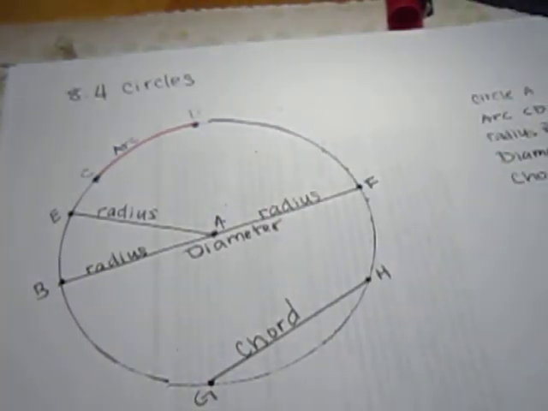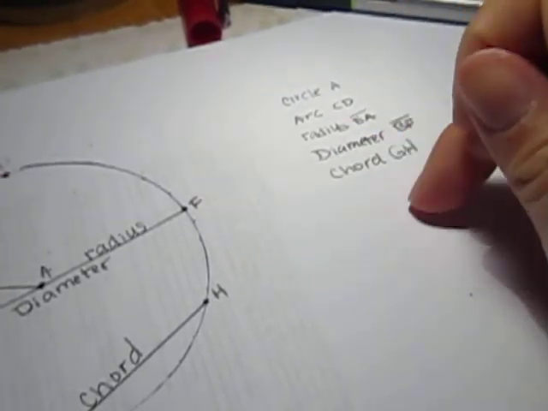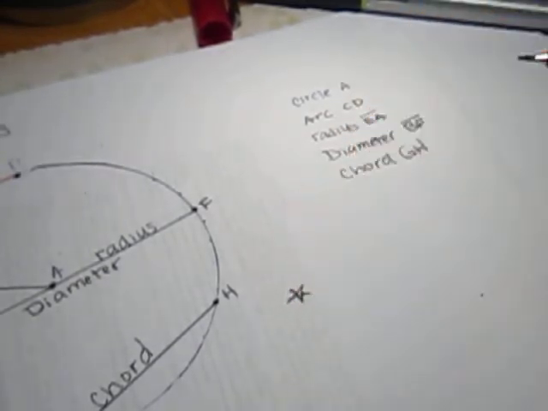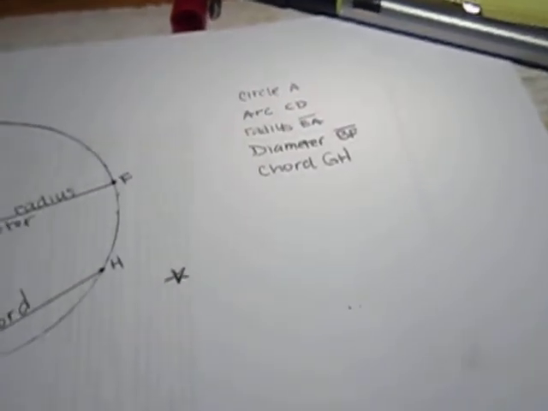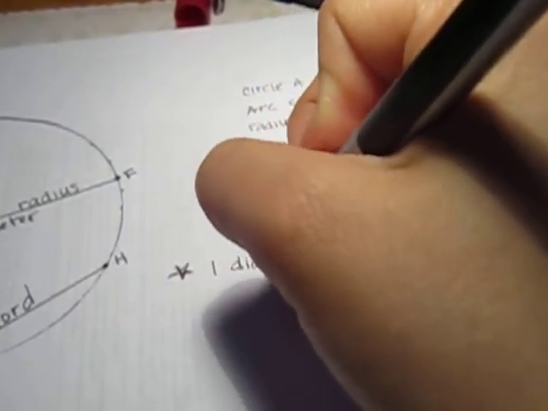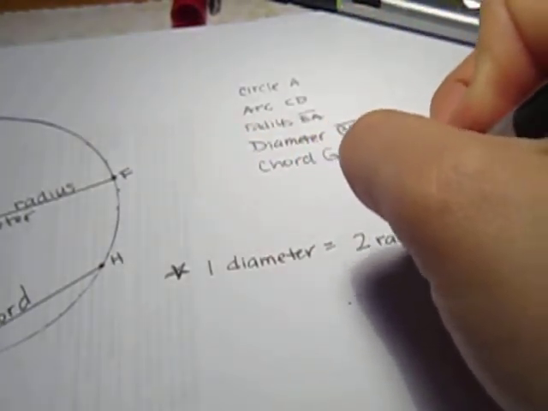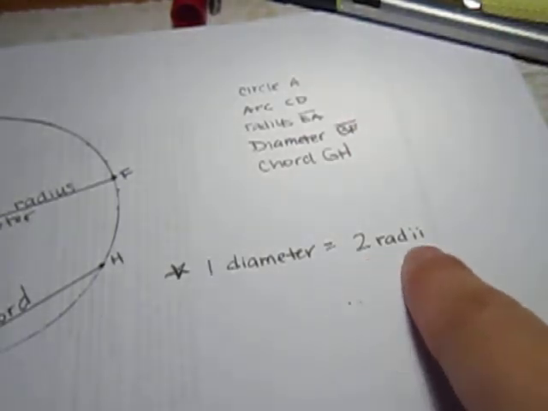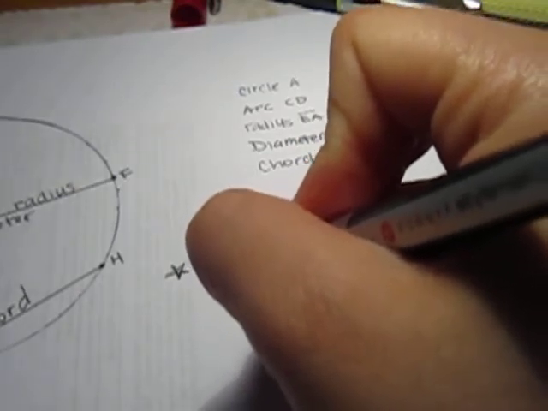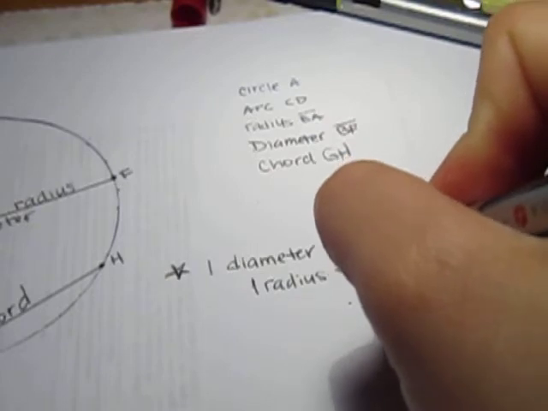So what we can conclude from that is, skip a few lines because there's several more notes to take, but one thing that we definitely want to star is that one diameter equals 2 radii. Radii is just the plural way of saying radius. So what does that mean? That means that also one radius then would only give us half a diameter.